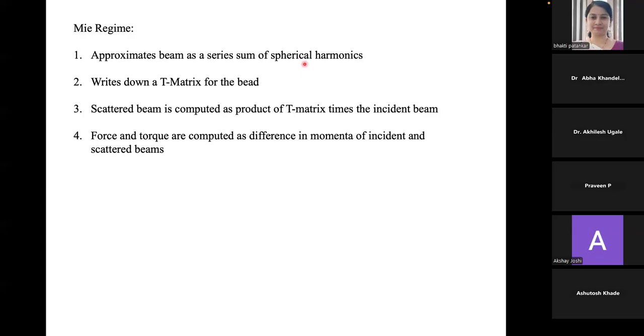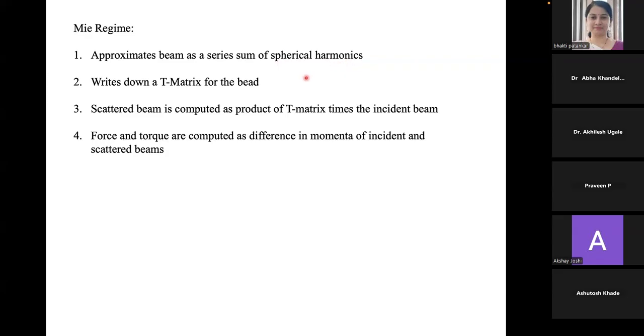Because the incoming beam is highly curved, you will require spherical harmonics to write down its shape.